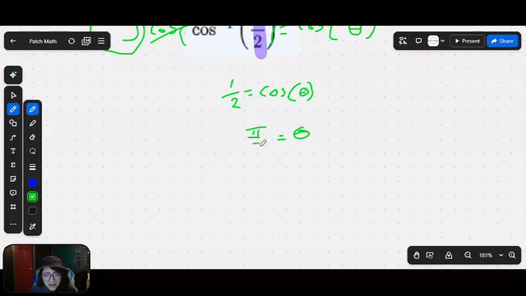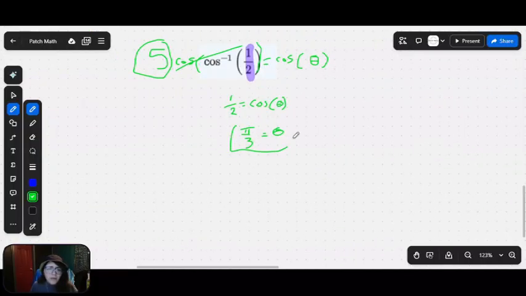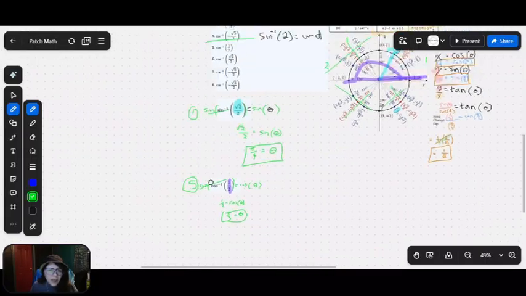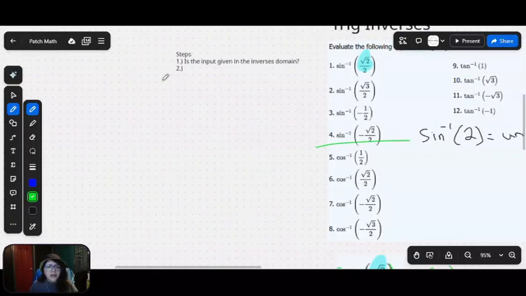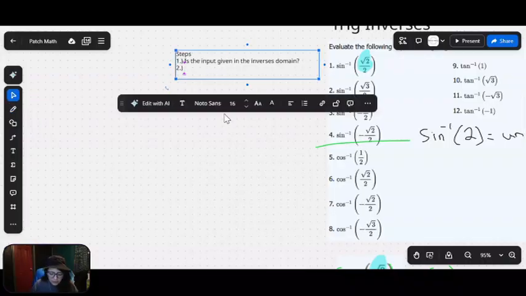All right. Now, before we leave this video, let's go ahead and talk about those other steps that we did. What did we do after we checked to make sure the input was in the domain of the inverse? Well, then we looked at, now this one's optional, this is an optional step.